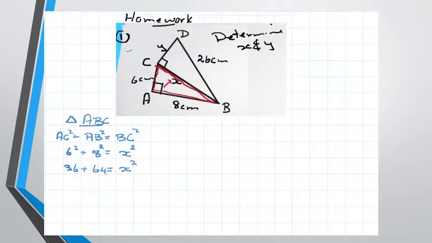On the left, 36 and 64 together leave me with a value of 100, equals x squared. One term left, one term right. Remove the square: x becomes the square root of 100. So my x value is 10 centimeters.